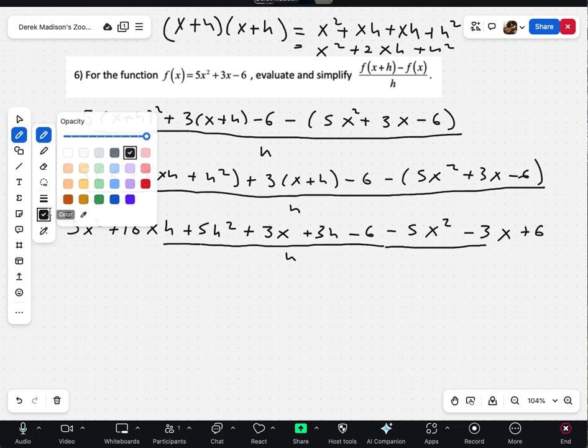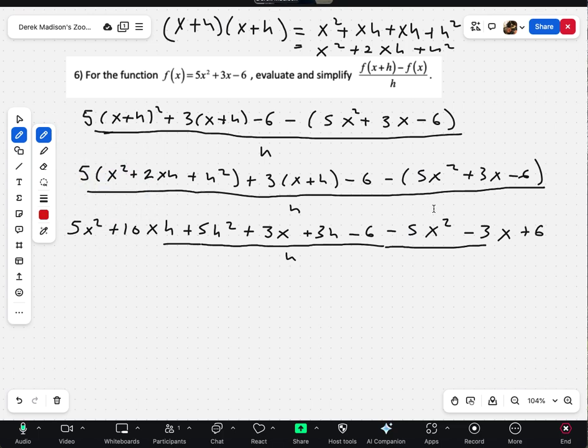Okay. From here, like I said in the last example, if we're doing this right, everything that was an f of x should cancel out something earlier in the problem. So we have a plus 6 and a minus 6, minus 3x plus 3x, minus 5x squared plus 5x squared. And then let's rewrite what's left so we can get a better look at it.